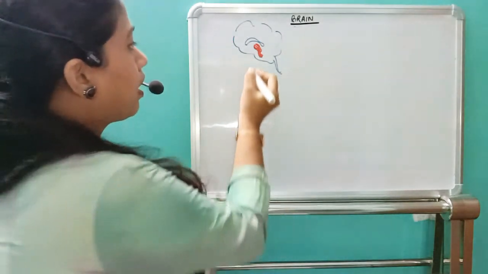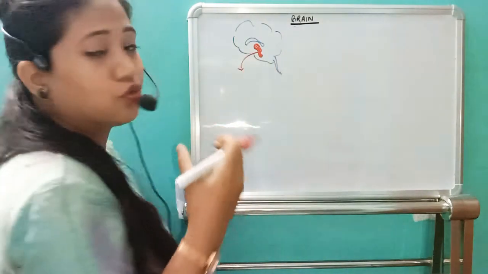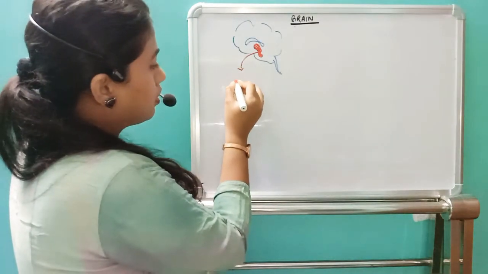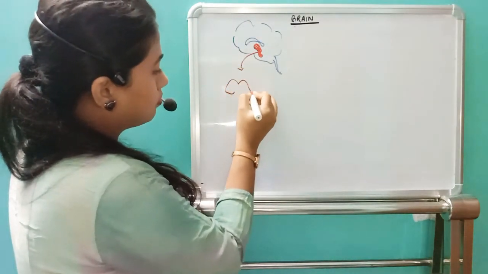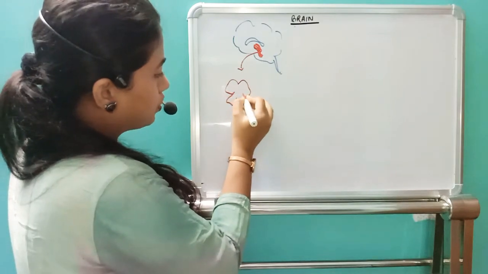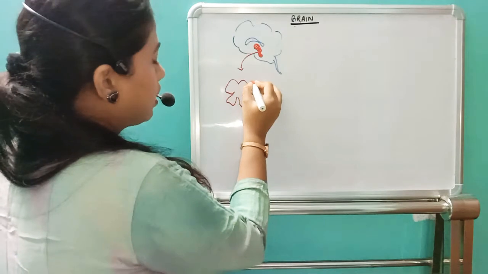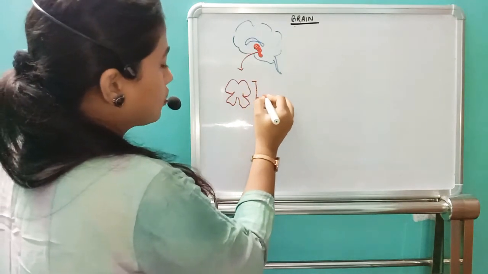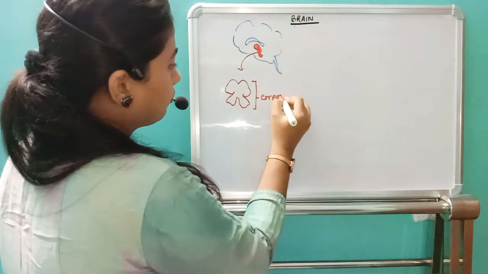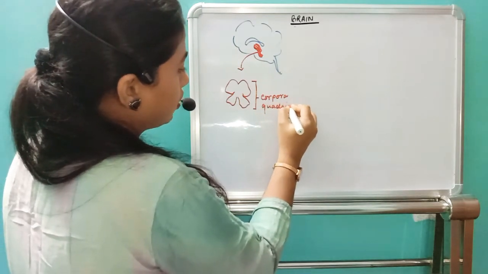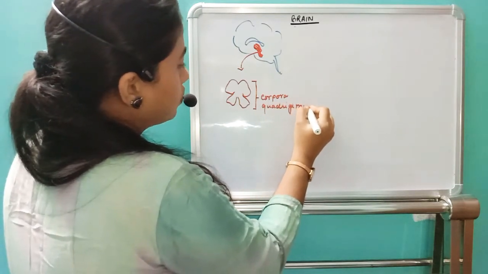If you want to zoom into this part, how it looks, see. So this is going to have some lobes. Here there are going to be 4 lobes present. Together this structure is called as corpora quadrigemina.